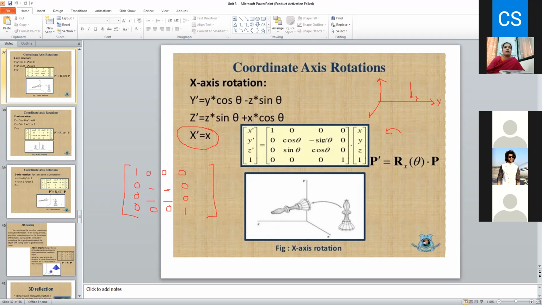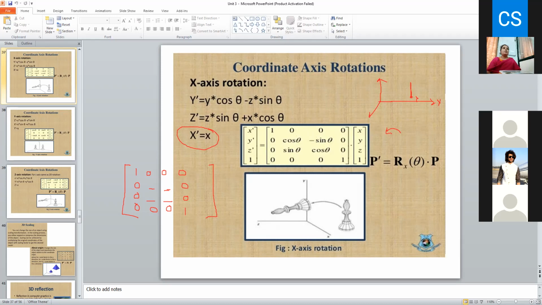And then y and z will have different values, like cos theta, minus sin theta, cos theta. It is the amount by which your y and z will be changing. Getting it? That is rotation about the x-axis.